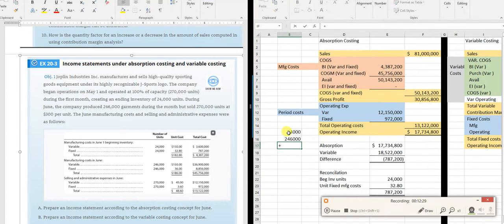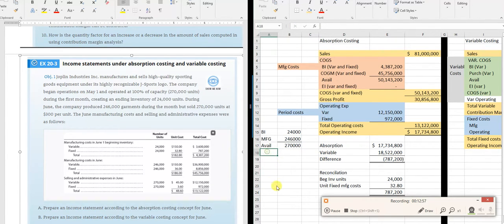Okay, so if I have 24,000 units I start with, and I made 246,000 units, I've got 270,000 units available. So this is beginning inventory, and this is items manufactured. So this is available.